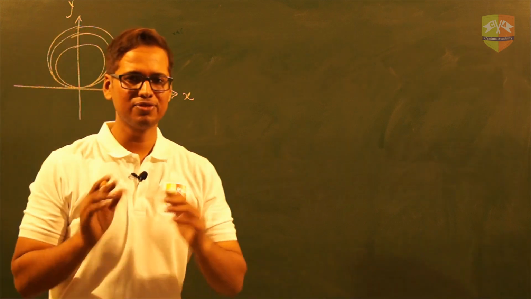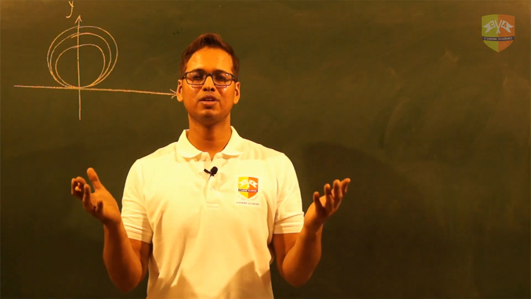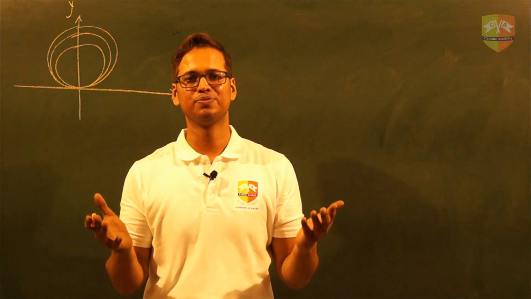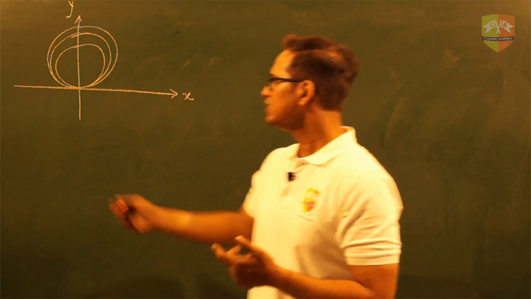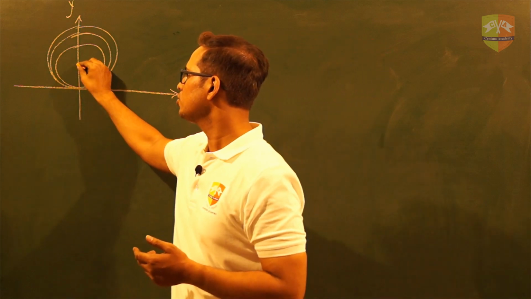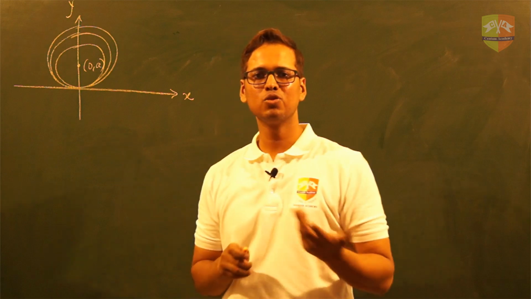Correct? So the first thing is I need to write down a family of such circle's equation, right? How do I write that? Very simple. I can assume the center of this circle to be, let's say, 0, comma a. Why 0, comma a?